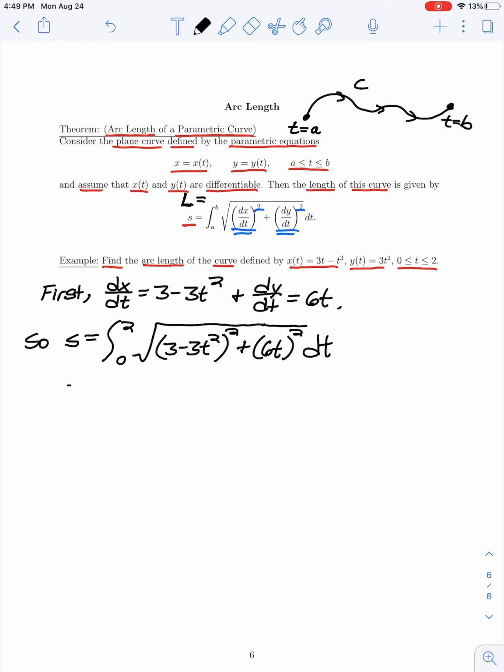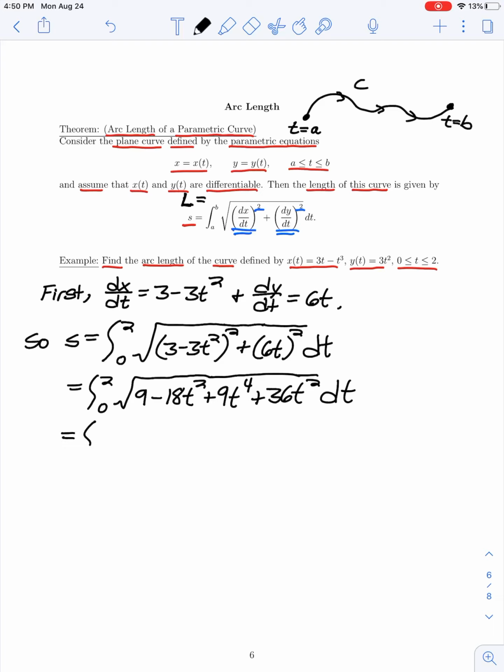So let's see what we have here. We have the integral from 0 to 2 of the square root of, expanding this first expression squared, we have 9 minus 18t squared plus 9t to the fourth. And then we are adding 6t quantity squared, which is 36t squared dt.